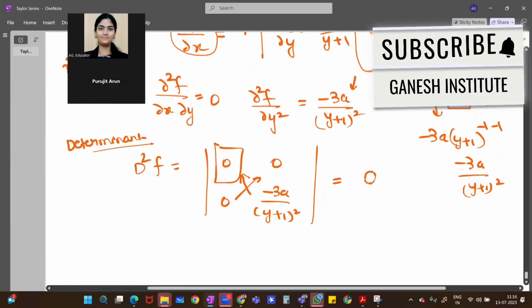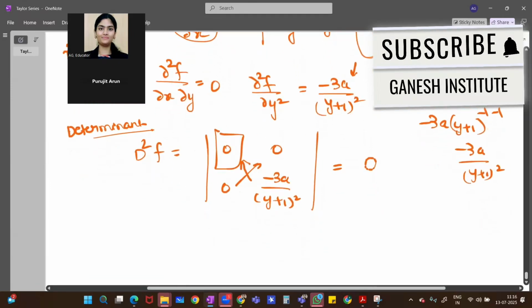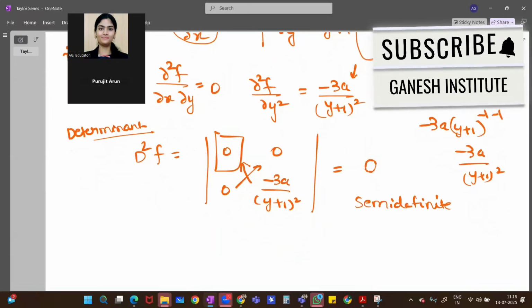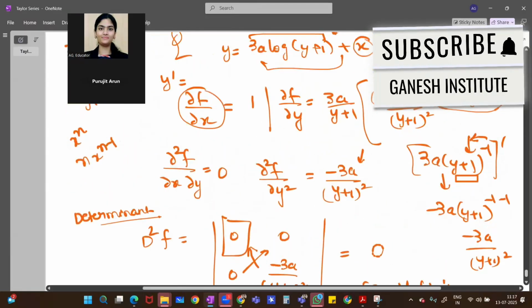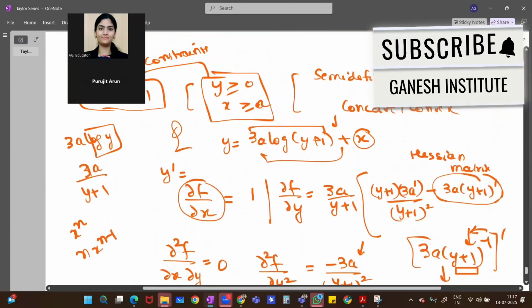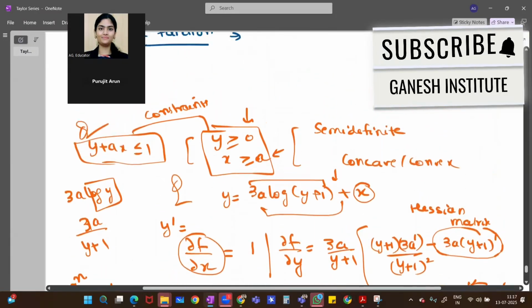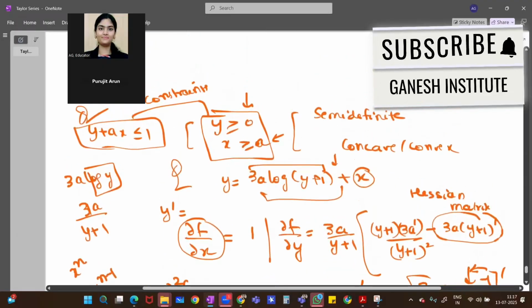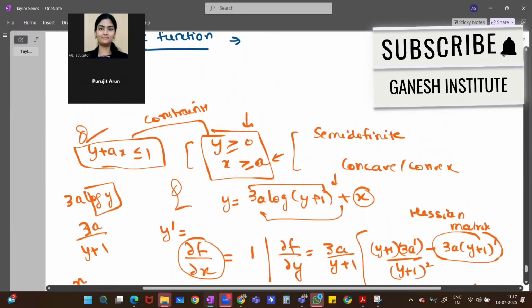Zero is semi-definite. Perfect. Now we need to find out whether it is positive semi-definite or negative semi-definite. For that, I need to check it with the constraint: y is greater than 0 and x is greater than or equal to a.